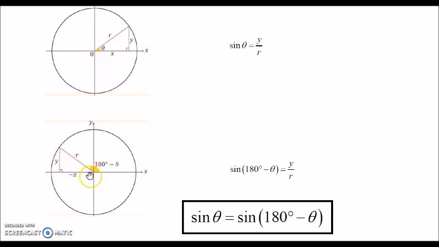My radius will always remain as a positive r, and this part here will also be my positive y. Based on this, I know that the sine of my 180 degrees minus theta would have been opposite over hypotenuse. Do you notice that both values are y divided by r? Which is why we can draw a conclusion saying that sine theta is equal to sine of 180 degrees minus theta.